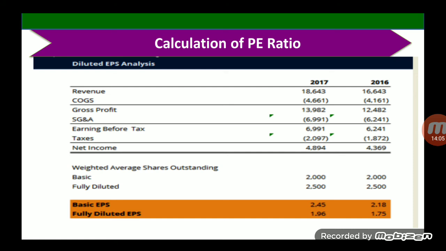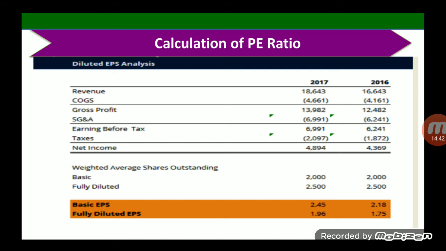So if we divide 4,369 by 2000, we get the value of basic EPS as 2.18 in the case of 2016. If we consider 2017, the net income is 4,894. If we divide it by the number of shares, that is 2000, we get the value 2.45.